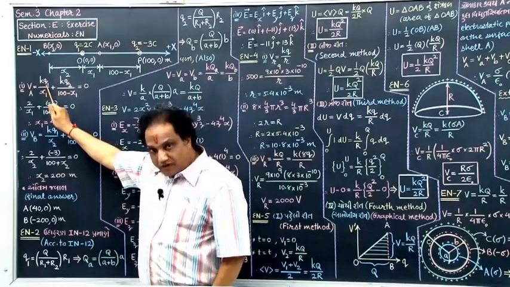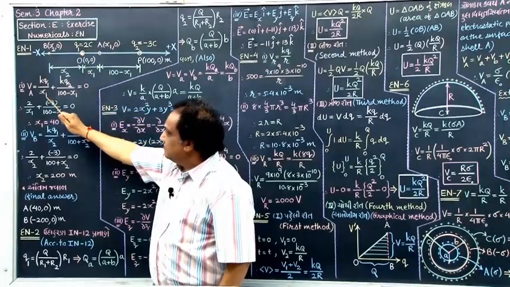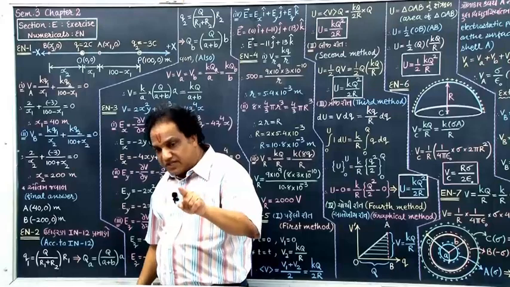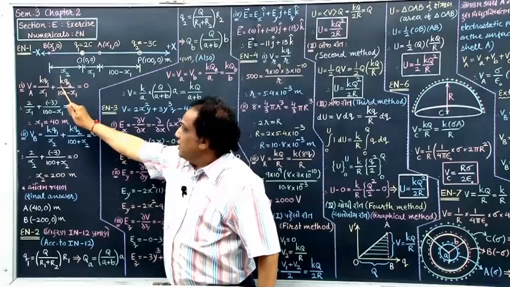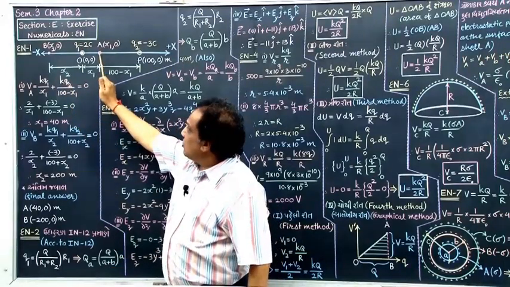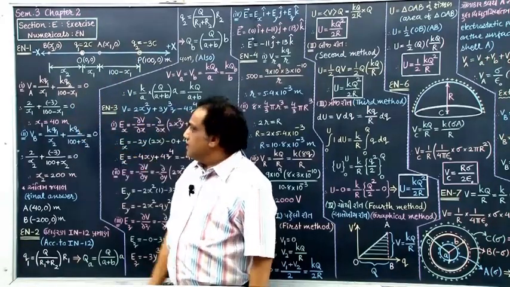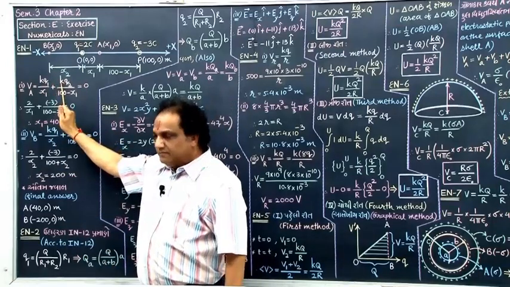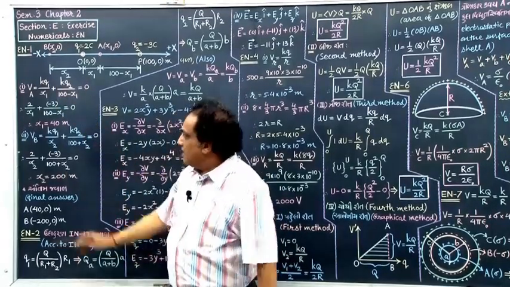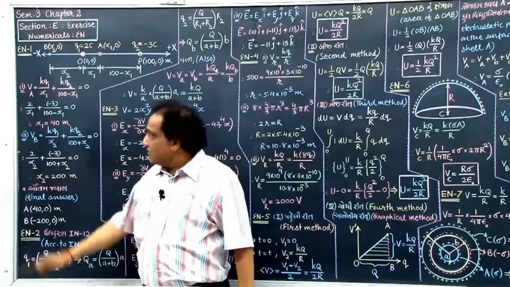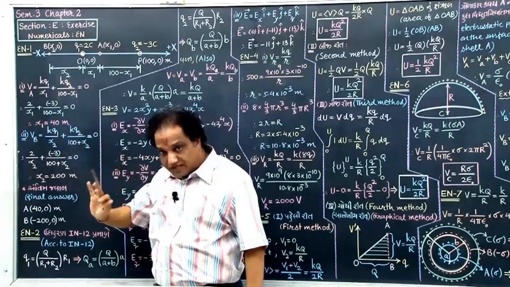K into the first charge Q1 divided by the distance of point A from the first charge, which is x1, plus the potential due to the second charge, K into the second charge Q2 divided by the distance of point A from the second charge, which is 100 minus x1. Correct? Now K and K you can take common, then take it in the denominator of 0; 0 upon K will be 0. Now Q1 is plus 2 coulomb, Q2 is minus 3 coulomb, x1 as it is, 100 minus x1 as it is.